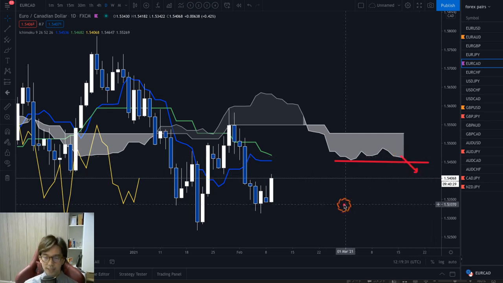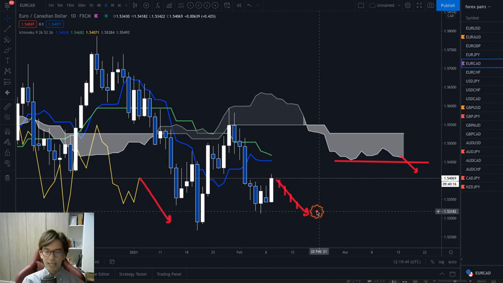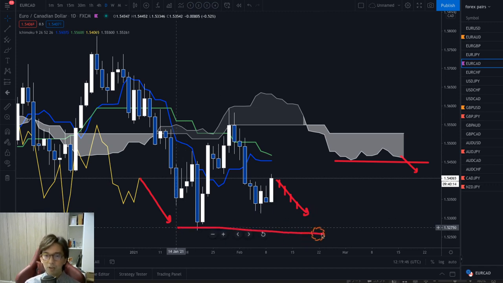If it breaks, and if the market continues to go down without touching the Chikou span, if the market goes down this way, then I will look for a sell chance afterwards and expect the market to break the previous low. But for now, this is the range.